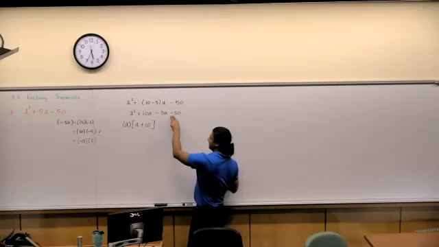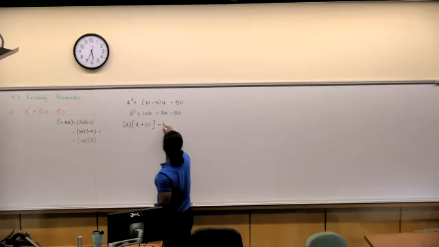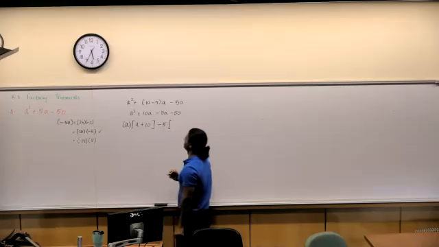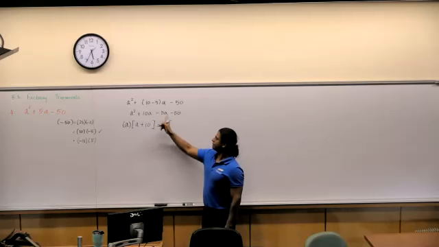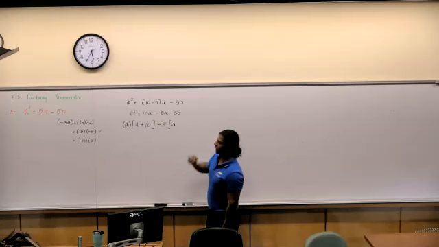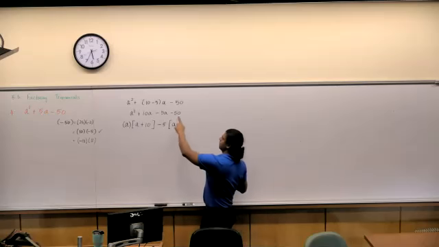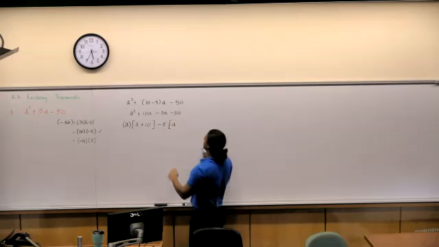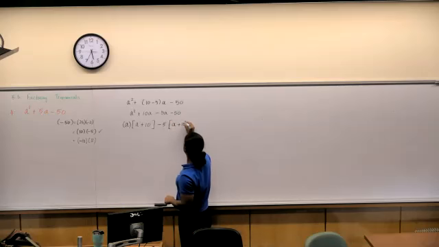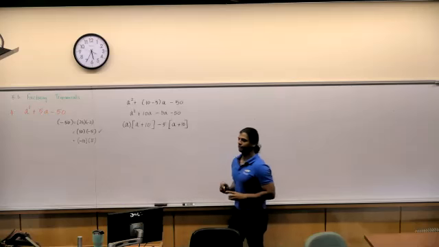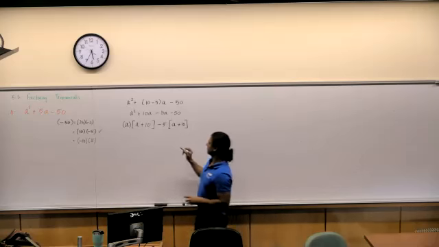There is a minus here, minus there, 5 here, 5 there. So if I take minus 5 out from minus 5a, I'll simply have a. Minus 5 out of minus 50, I would have plus 10. Good.